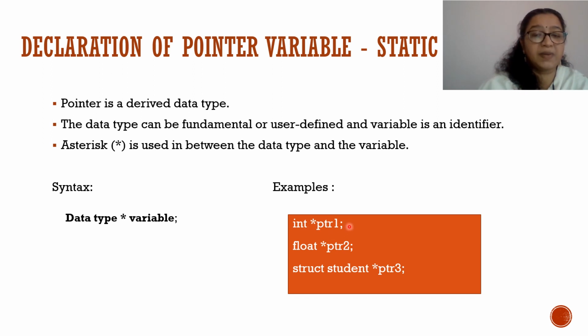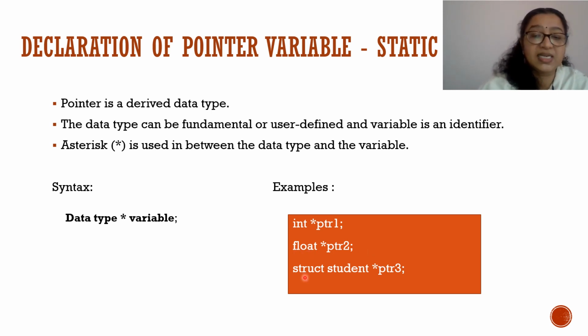So int star ptr1 means this ptr1 is ready for holding the address of an integer data type. Then the next is float star ptr2, meaning ptr2 is the pointer variable. It is ready to hold the address of float data type.